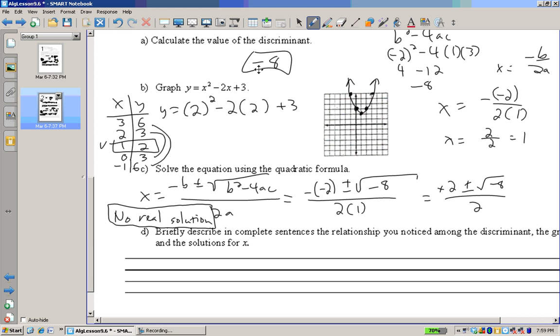three, when the discriminant is negative, that means that it's never going to touch the x-axis. That also means that there's no roots, which also means there's no real solution. So the connection here is that when the discriminant is negative, there will be no roots or x-intercepts.